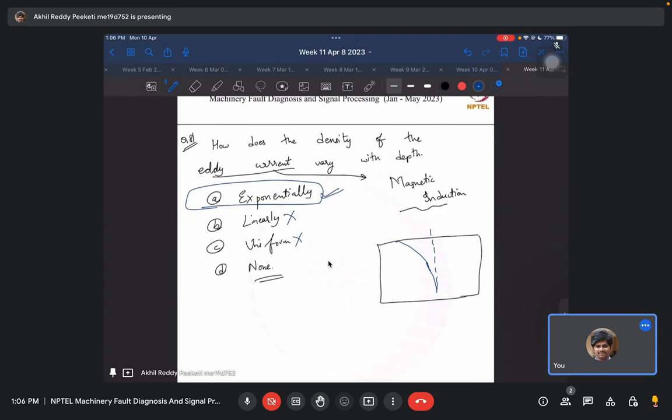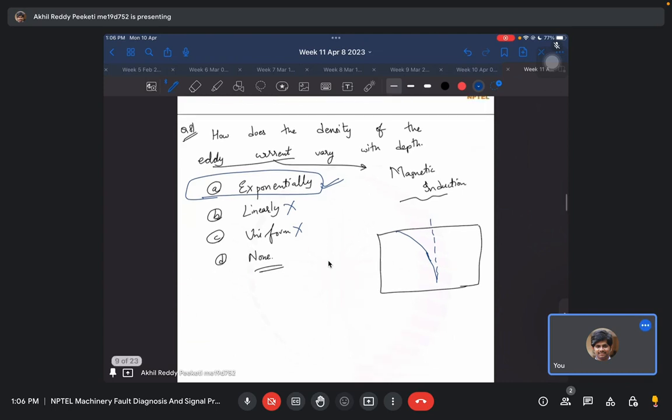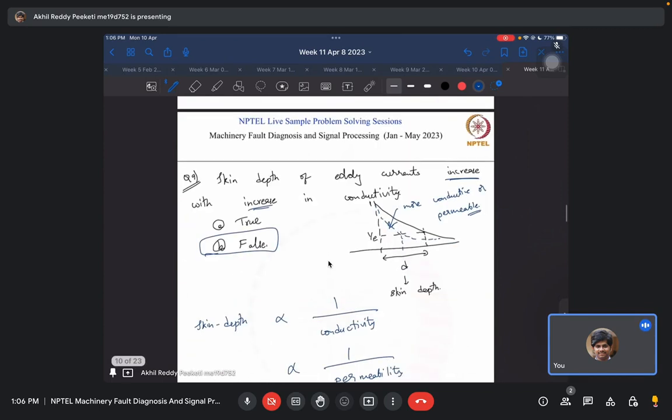And the density of the eddy currents generated in any material actually decreases exponentially with the depth. And these eddy currents are usually generated when a conductive material is in a changing magnetic field. And because it varies exponentially, there is something called skin depth, which is defined as the depth at which the density of the eddy currents drops to 1 by e of the value at the surface.